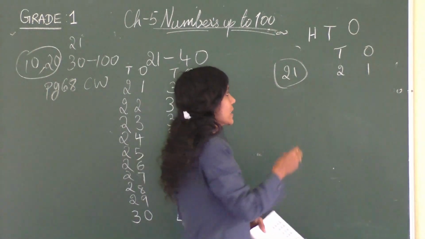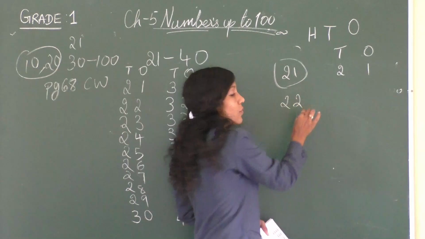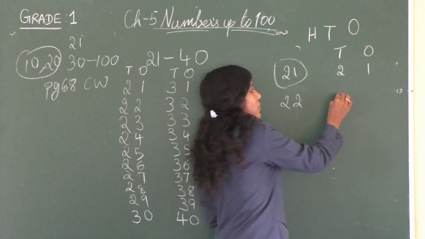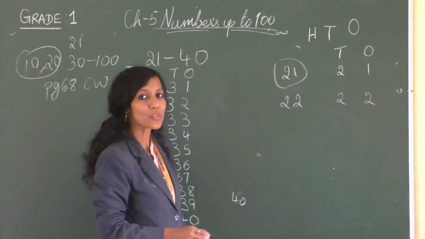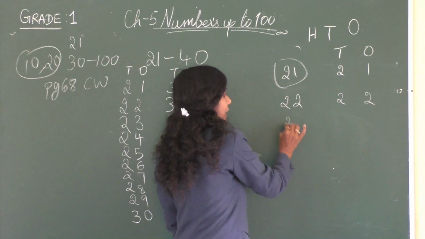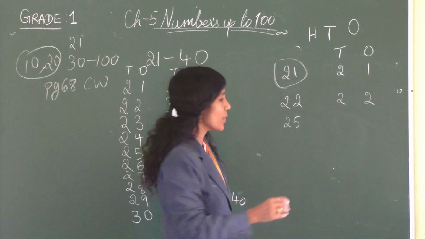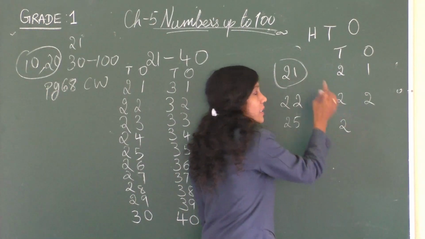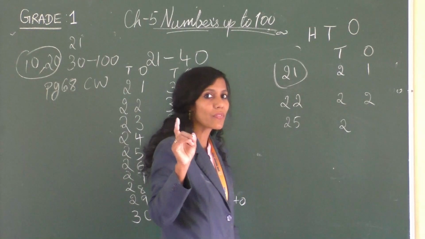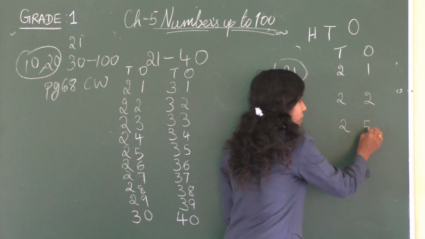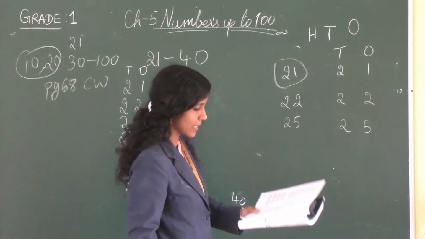Next one, 22 will follow the same: 2 under tens, 2 under ones. Now you come to 25. What will happen? 20 will come under tens. We have 2 sets of tens and 5 single ones. So this is how you segregate.